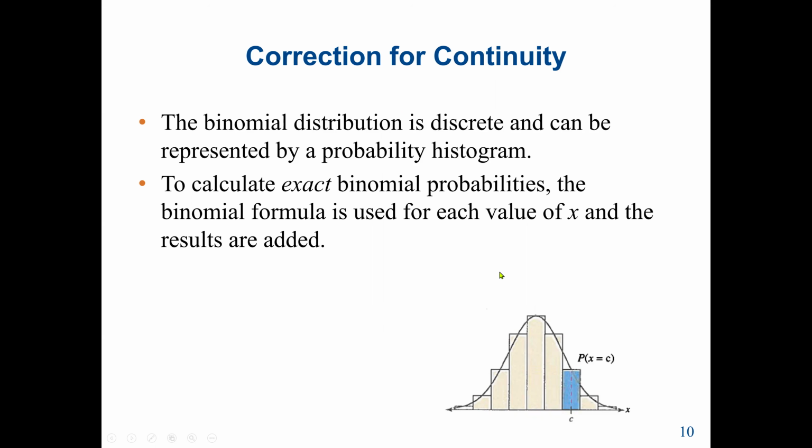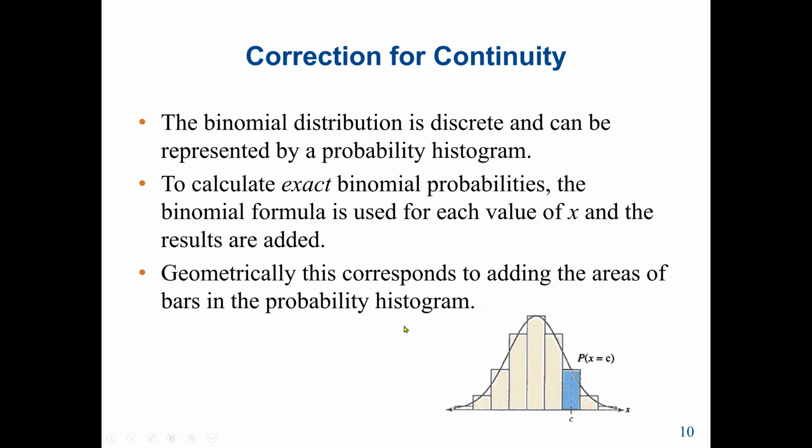Based on this, the binomial formula is used for each value of x. So let's say x is 10, 15, 20, 0, or whatever, we can calculate each probability. Then if we have to add, we add all together.